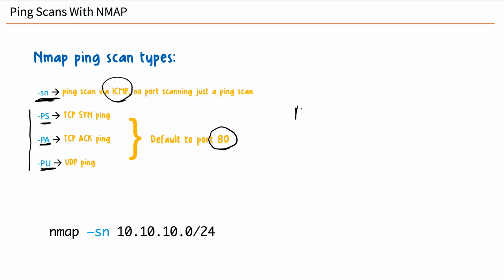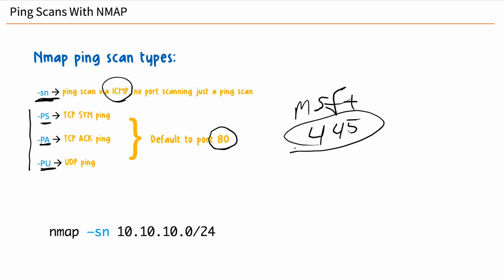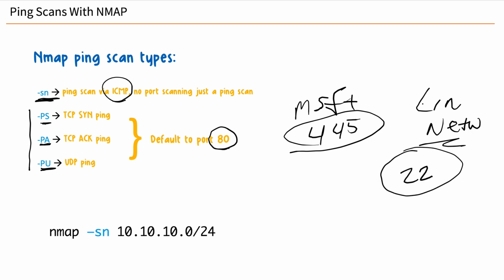But if you're on a Microsoft network, well, guess what? 445. Go for that, because SMB is used across Microsoft networks. So I would shoot for 445. Or if I'm on a Linux network or I'm looking for a network device, I'd probably look for port 22, because that's for SSH, and a lot of Linux hosts and network devices are running SSH.